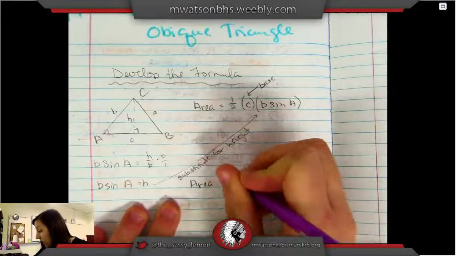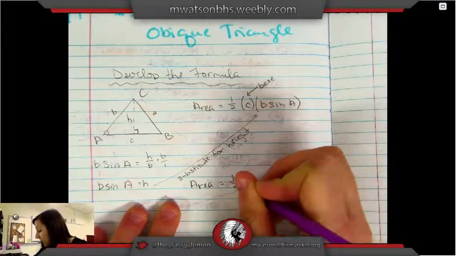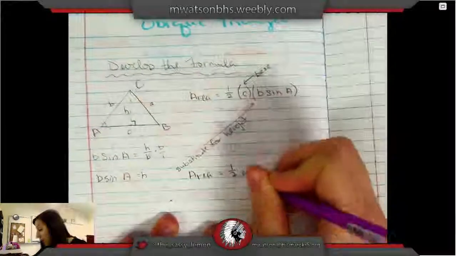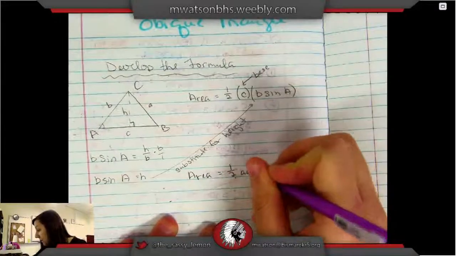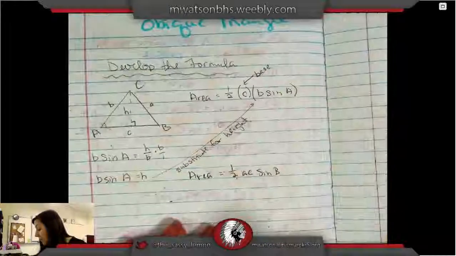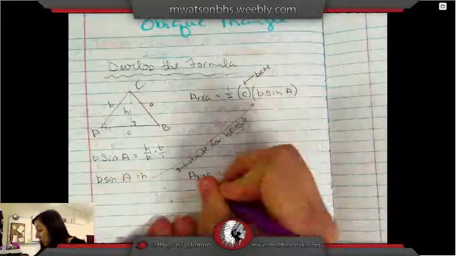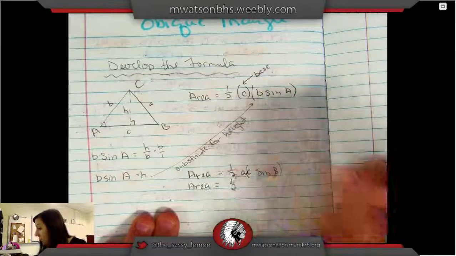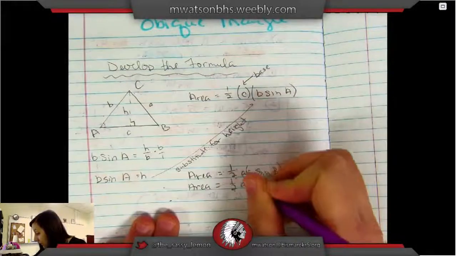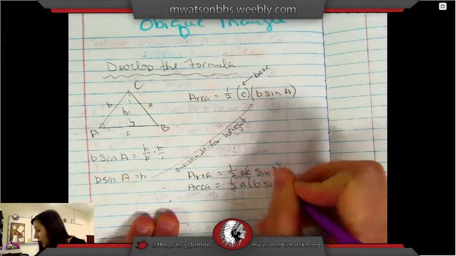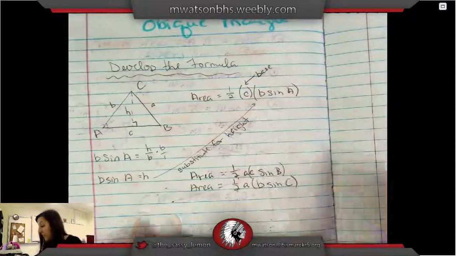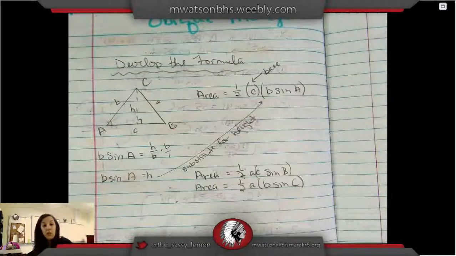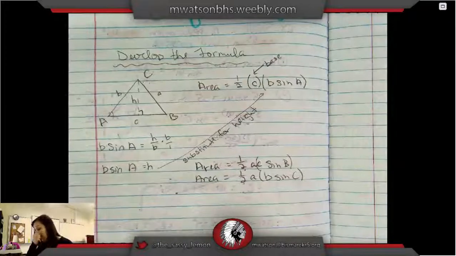So the area can also be 1/2 side length a times side length c times sine of B. Or the area can be 1/2 a times b times sine of C. These are the 3 that you can formulate using the process we just used.